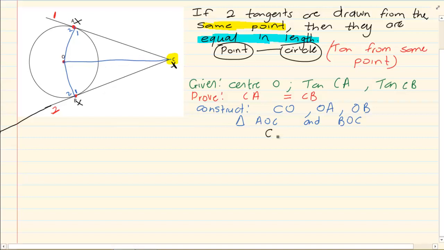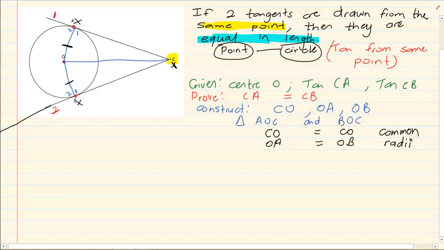So we have CO is equal to CO. It's common. Then a line drawn from the center to the circumference gives us a radius. OA is a radius and OB is a radius. So we've got OA is equal to OB. They are both radii.